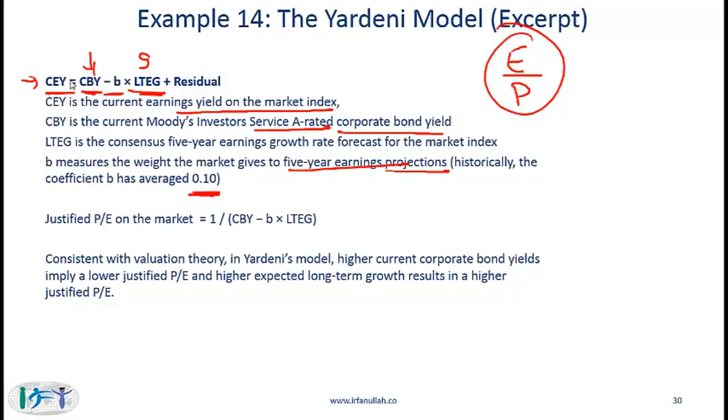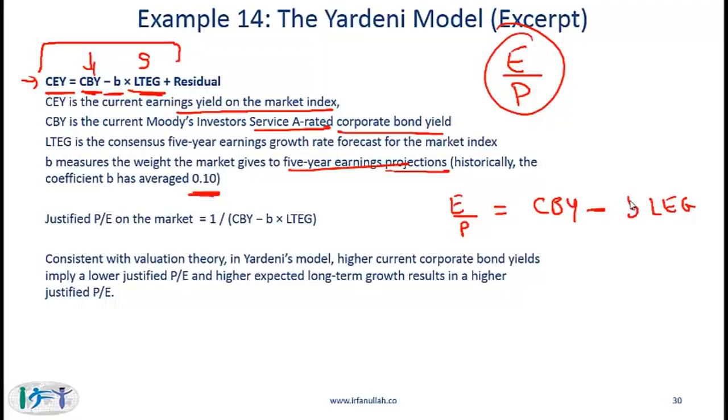So simplistically, you have this expression. Now, what does this say? This is saying that the earnings yield should be equal to the yield on corporate bonds, which is CBY, minus B into the long-term earnings growth rate.